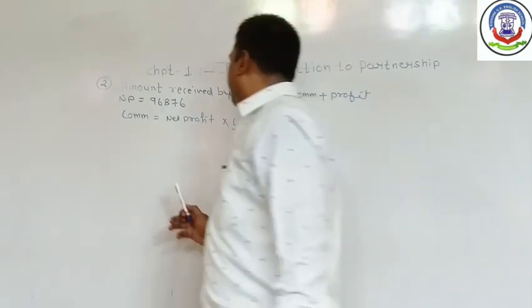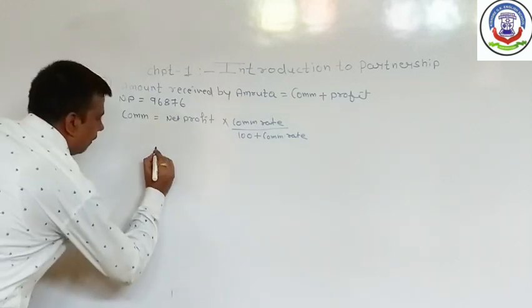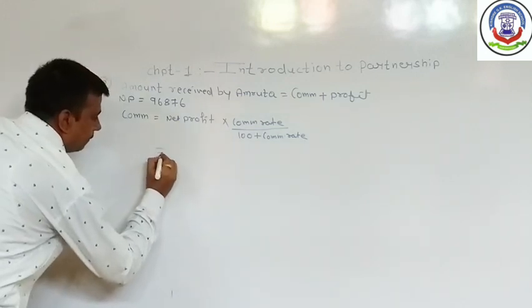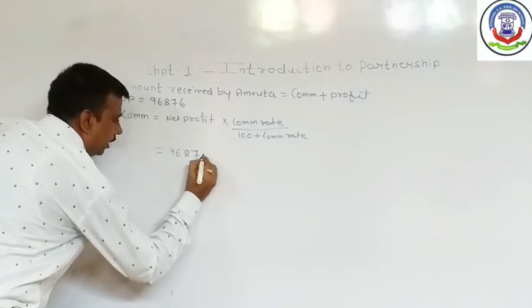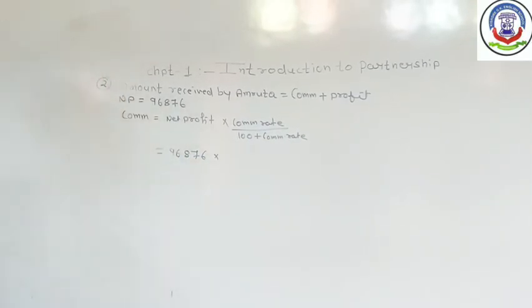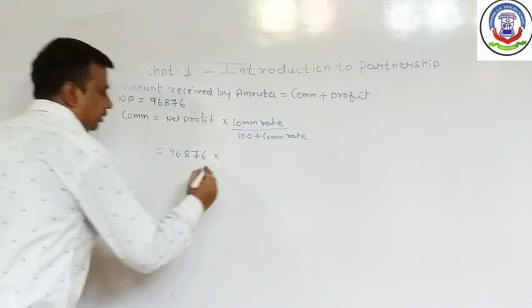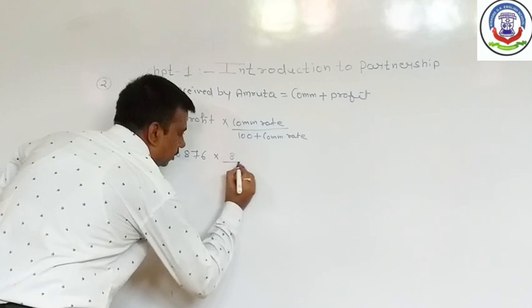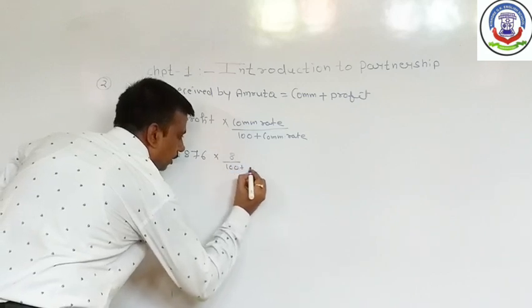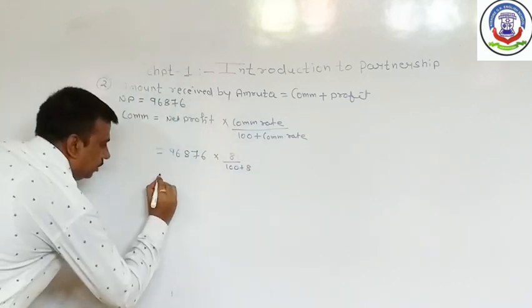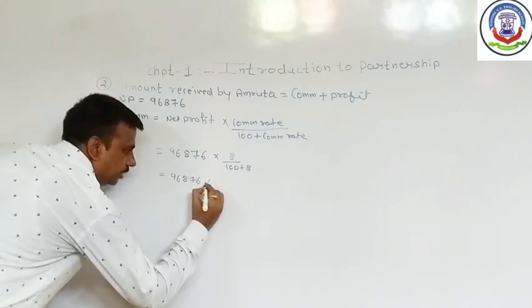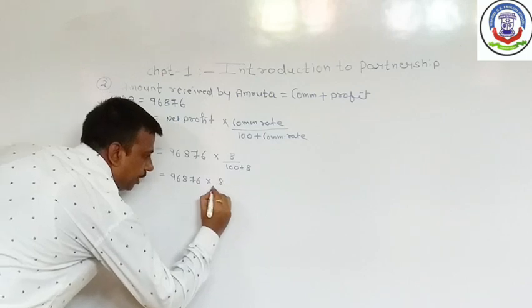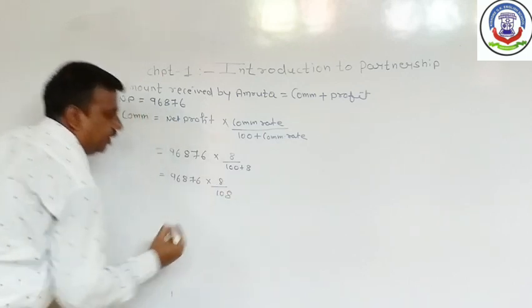Now net profit is rupees 96,876 multiplied by commission rate 8% upon 100 plus 8. It means 96,876 multiplied by 8 divided by 108.